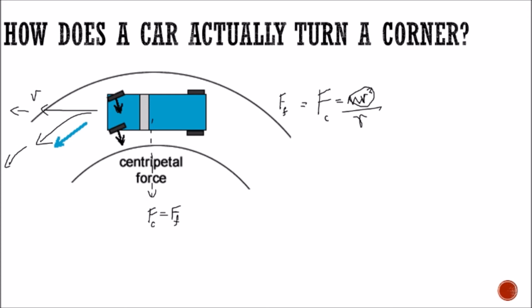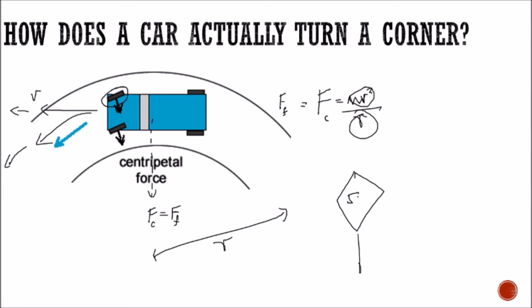Okay, so when it comes to cars turning corners, it is a balance between the friction of the tires on the road and the velocity of the car itself, and the tightness of the actual turn itself, the radius of that circle. And that's primarily why you might see signs on the road, right, 50 k's an hour, and there's a curvy road here.